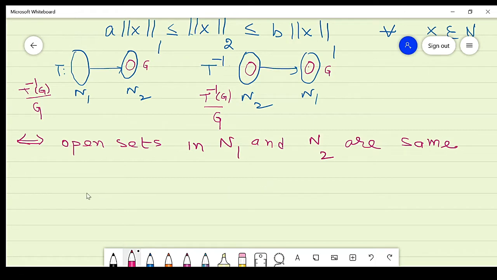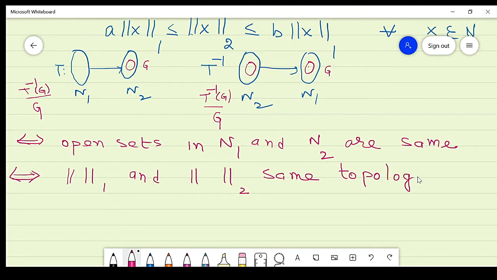If they are the same, then what we get? They introduce the same topology on N, if and only if norm 1 and norm 2 introduce the same topology. Why?